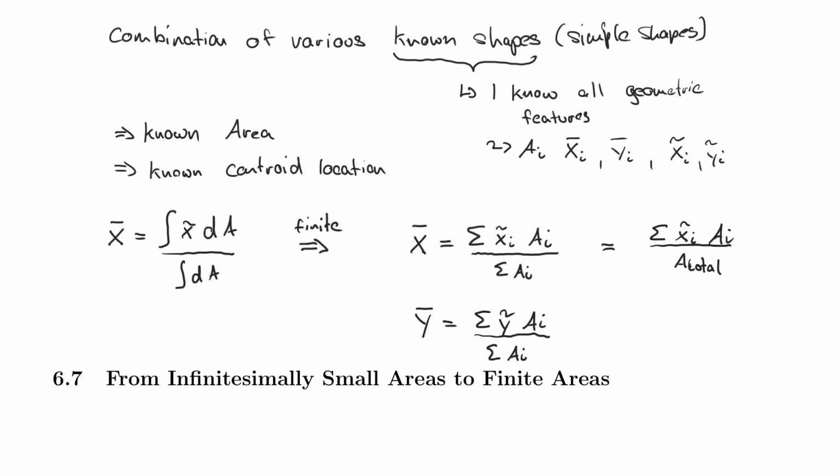And I guess this will make more sense once we move on to the next section, in where we talk about infinitesimally small areas taken to the finite area on an example. But let's complete this here. A I divided by A total.